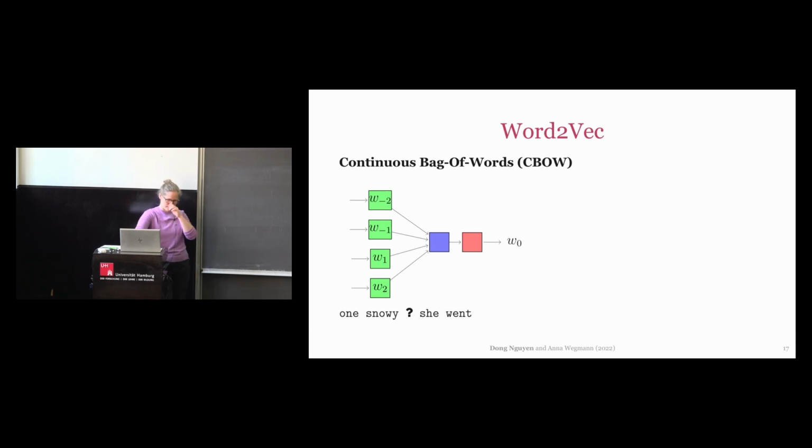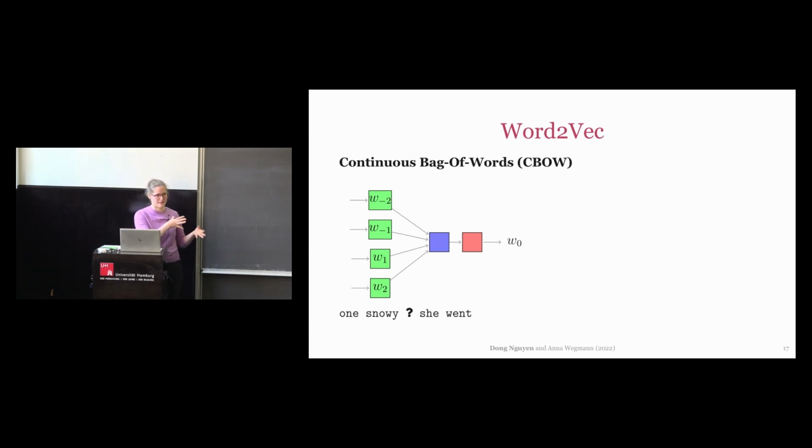And how that might look is you get some text, with a missing word, and you have that as input to, for example, a neural network, and then the neural network trains to predict what is missing there.